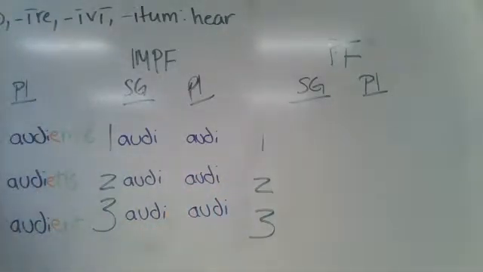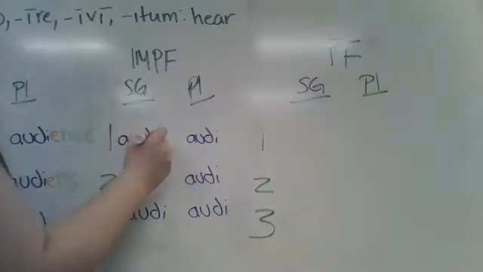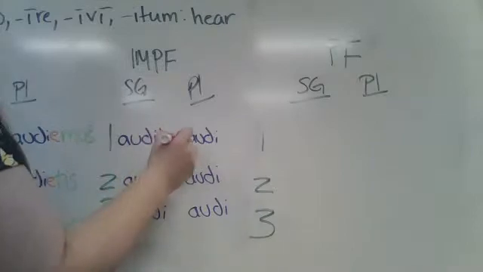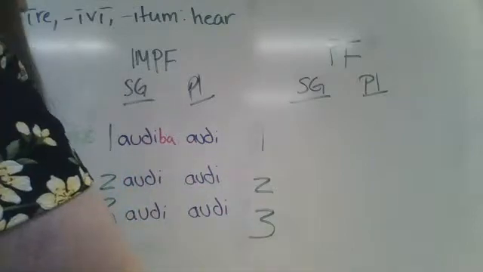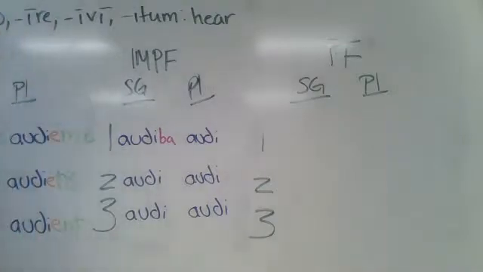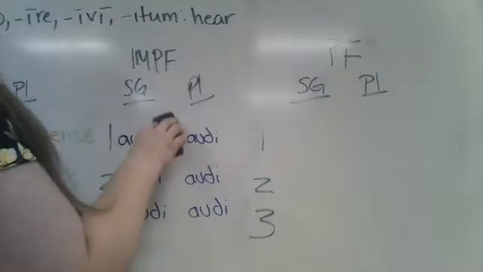And then we need to add something to make it imperfect. Now, we can't just leave it with an I. We need to add something before we add the BA.